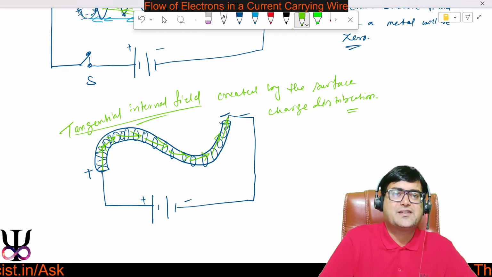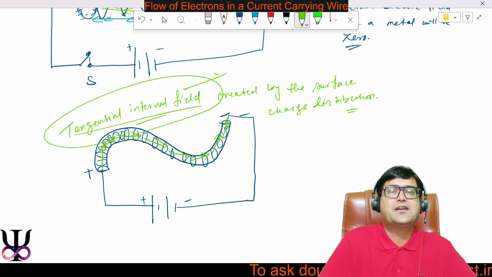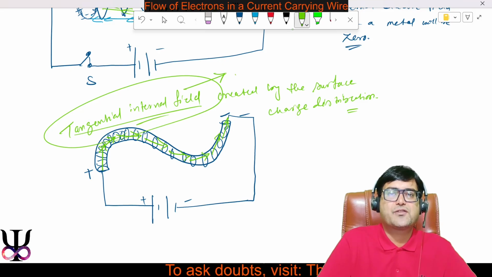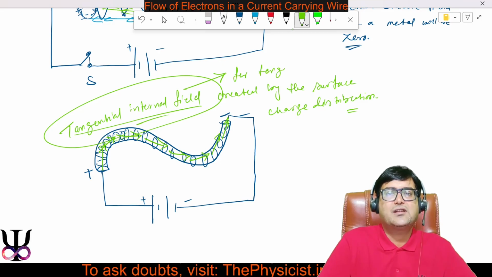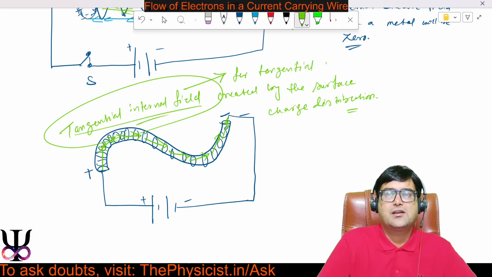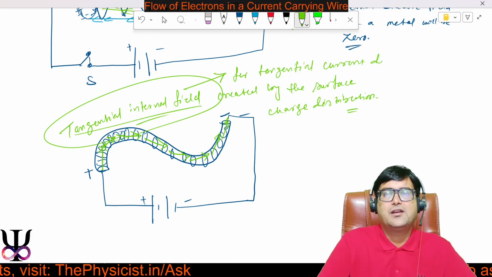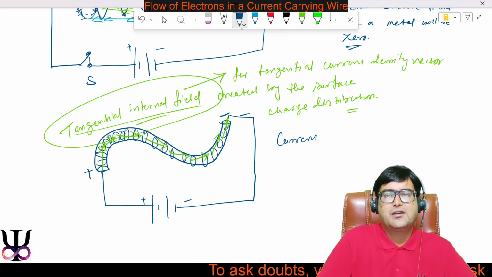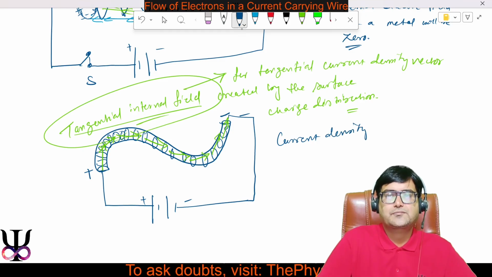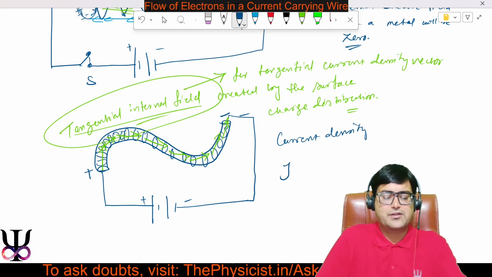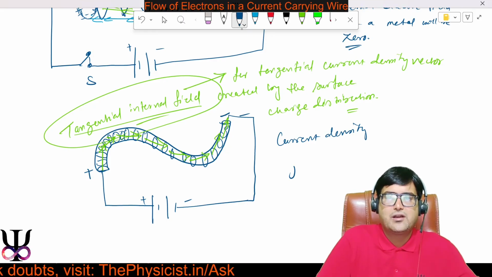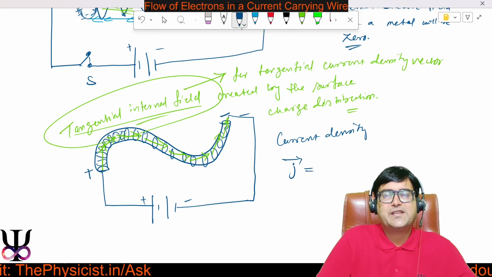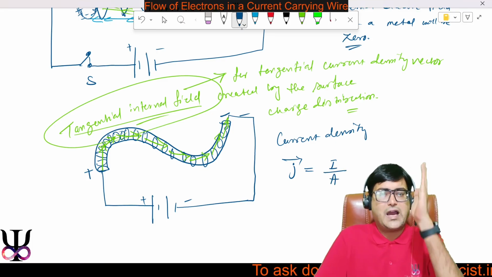And this tangential internal field is basically responsible for the tangential current density vector. What is the current density? The current density J, or small j if you want to write, is basically the amount of current flowing divided by the area of cross section at any given point.